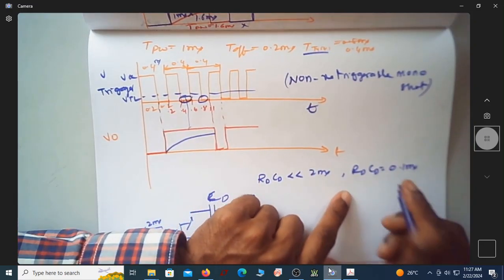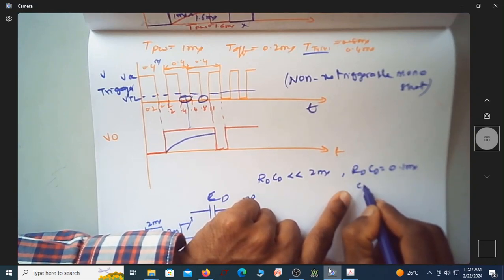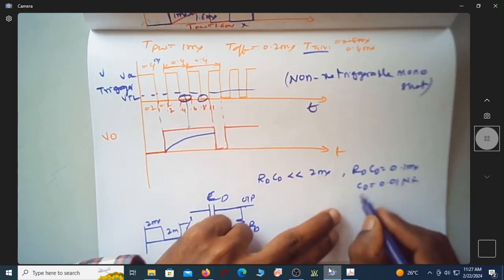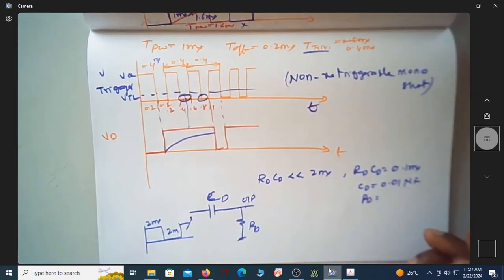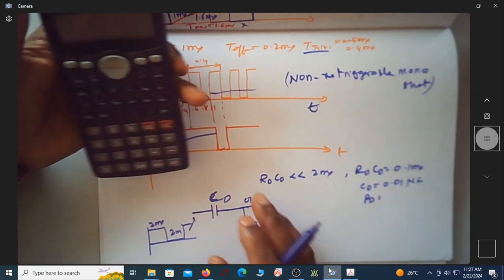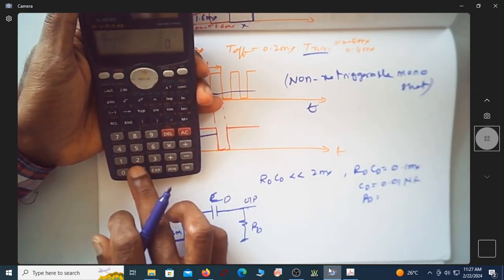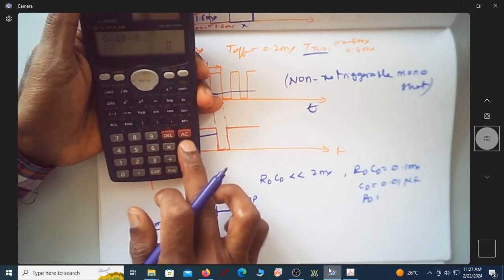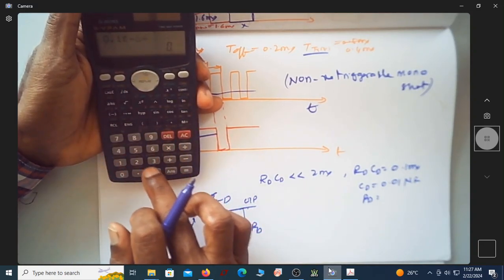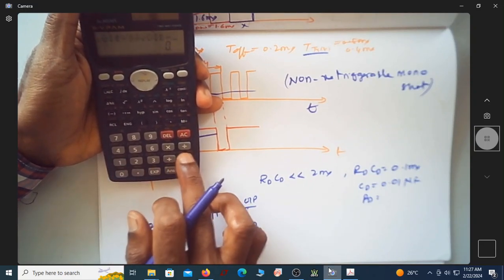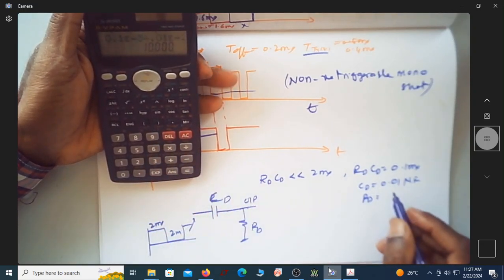If RD CD is equal to 0.1 millisecond, let me assume CD as 0.01 microfarad. Then what is the value of RD? Can I just find out? It is 0.1 exponential minus 3 divided by 0.01 exponential minus 6. Can you see it is 10K?